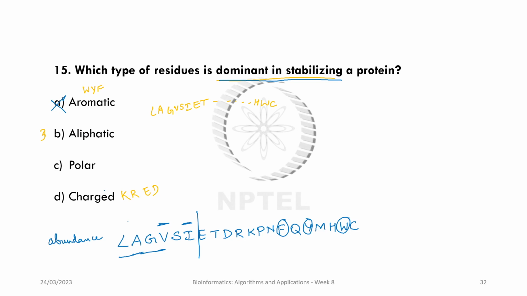Similarly, polar and charged, of course, are very important in forming ion pairs for charged, and polar residues have their own role in interacting with the solvent molecules. But the major contributors in stabilizing the protein, the dominant type of residues, are the aliphatic residues.